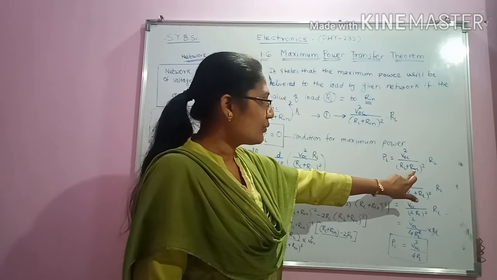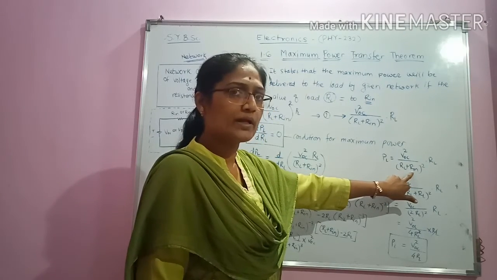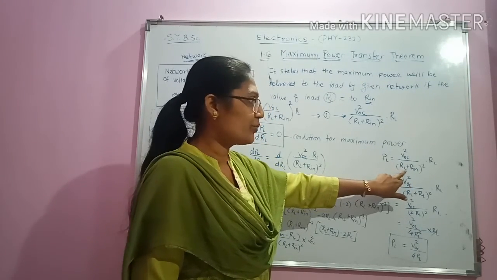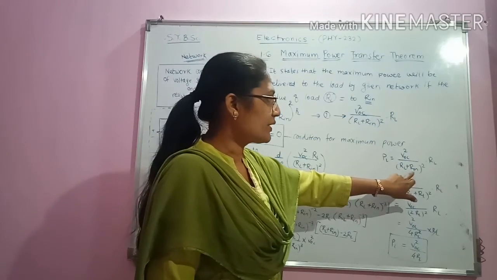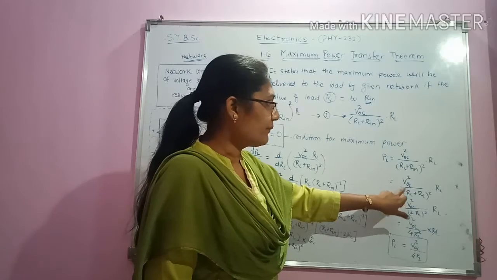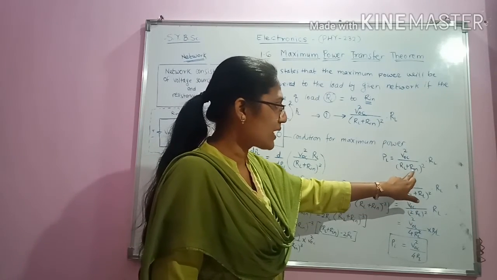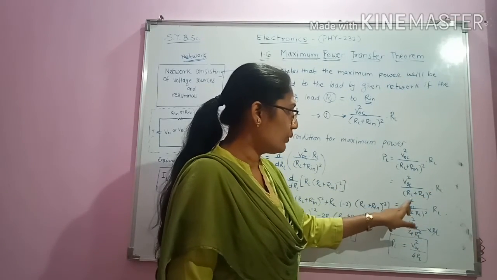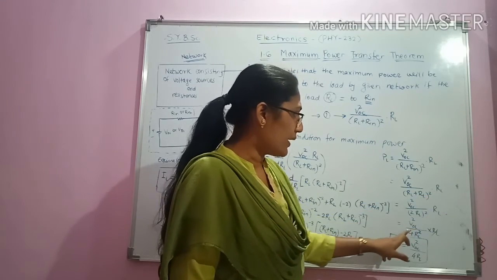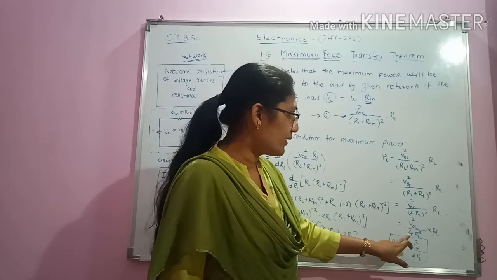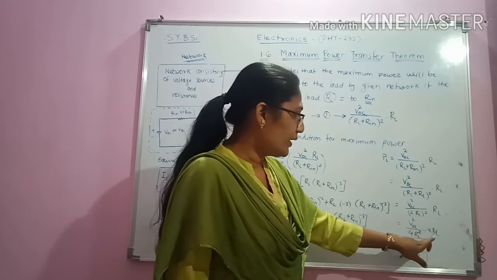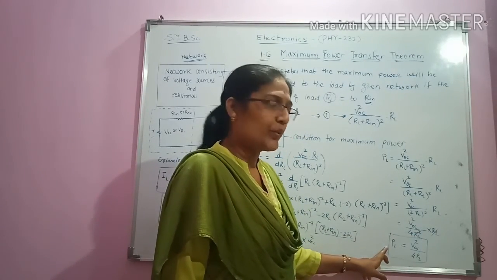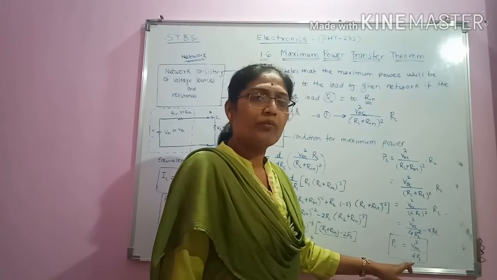Now as we have seen that in order to have maximum power transfer, we should have R_in value and R_L value the same, that is R_L should be equal to R_in. Substituting R_L instead of R_in, we will get V_OC square divided by (R_L plus R_L) raised to 2 into R_L, and here is square, so twice R_L raised to 2 into R_L, and it gives us V_OC square divided by 4 R_L square into R_L. R_L gets cancelled, and finally we will have a maximum power value as V_OC square divided by 4 R_L.